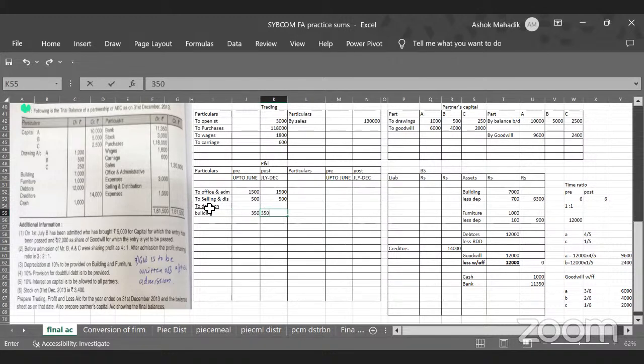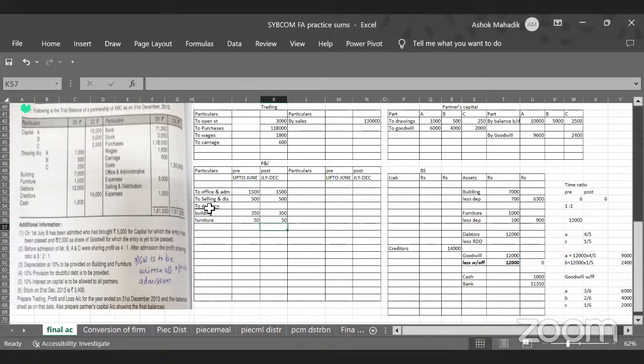Understood now? Pre and post are done because a new partner is admitted during the year. So we have to divide all the expenses in P&L in time ratio. And 100 rupees depreciation of furniture will be charged 50 each. Is this clear, students? I hope this is clear.